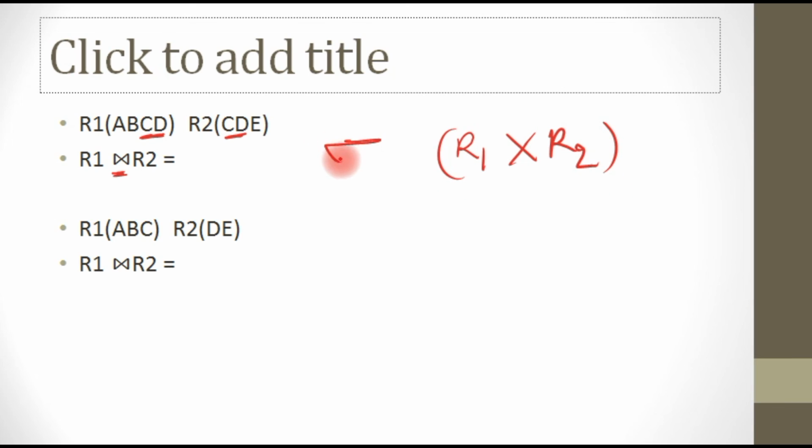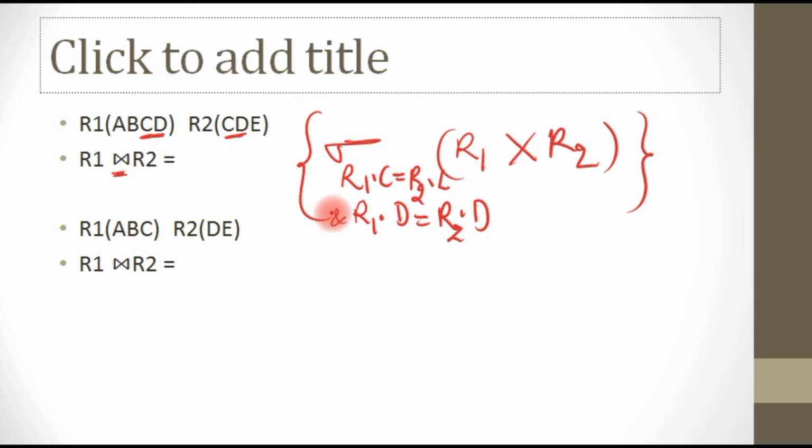Then select those tuples where R1.C is equal to R2.C and R1.D is equal to R2.D, and then project the distinct columns, that is A, B, C, D and E. Okay, so this is your answer.